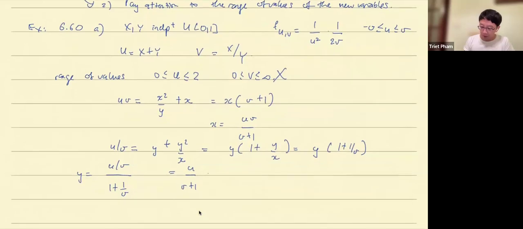Anyway, the point is, after you do this, because X and Y are naturally between 0 and 1, the range of values for U and V are such that UV over V plus 1 is between 0 and 1, and U over V plus 1 is between 0 and 1.